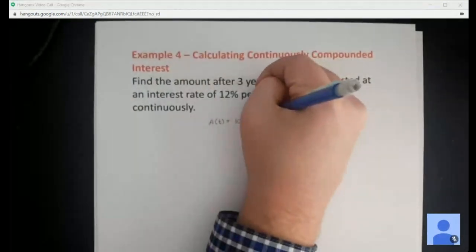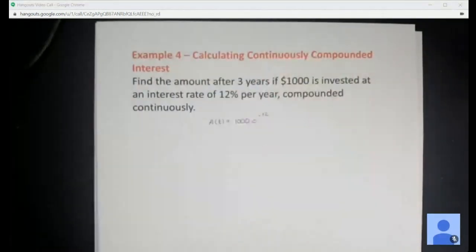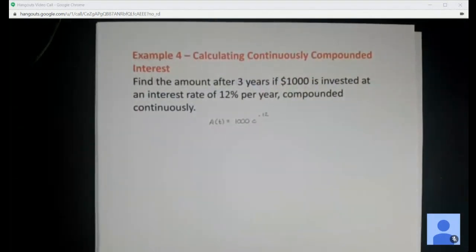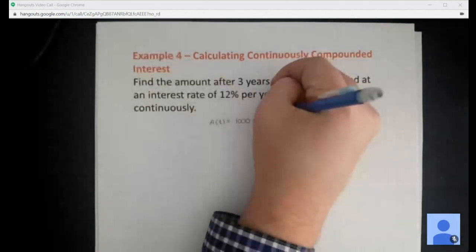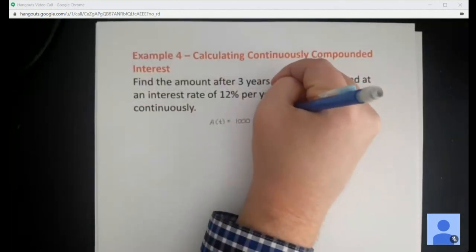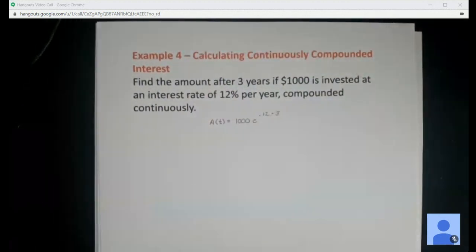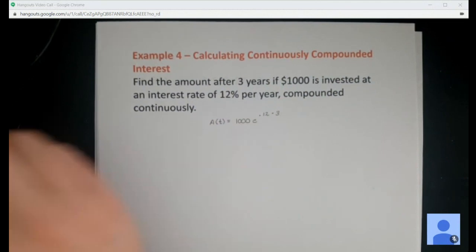So our rate, 12%, we convert to a decimal. That's going to be 0.12. And then we have to multiply that by what? Good. So our time this time is 3 years, so we multiply that by 3. Okay, so we have 1,000 times e to the 0.12 times 3.